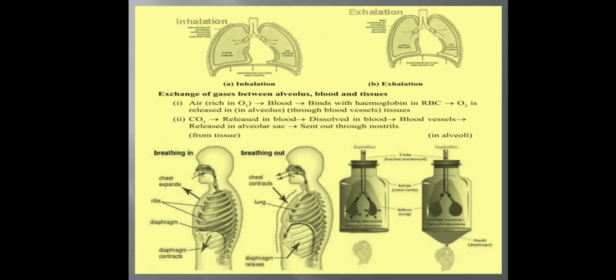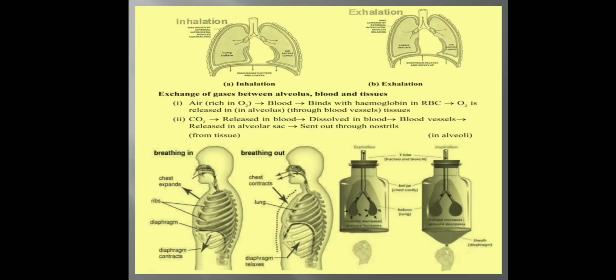Here in the second step, you can see exhalation leads to the carbon dioxide released in the blood, and then it is dissolved in the blood later on. Now you have to understand one thing: carbon dioxide can dissolve faster than oxygen in the blood. So the solubility of carbon dioxide is higher. So carbon dioxide released in the blood is dissolved in the blood and further follows the same backward path.